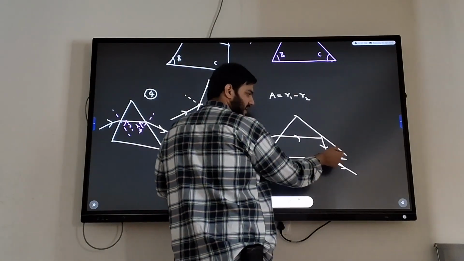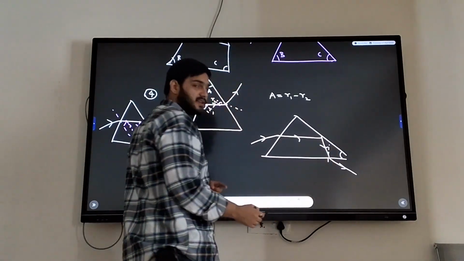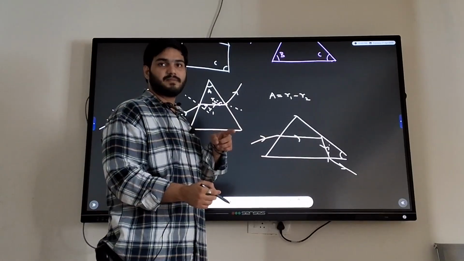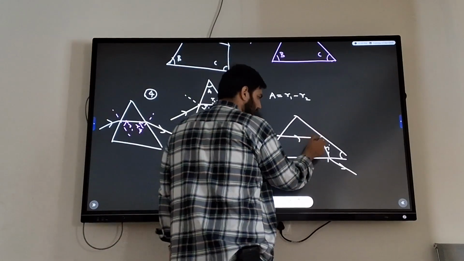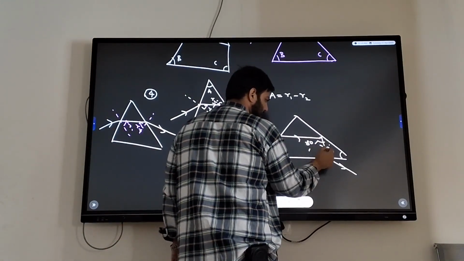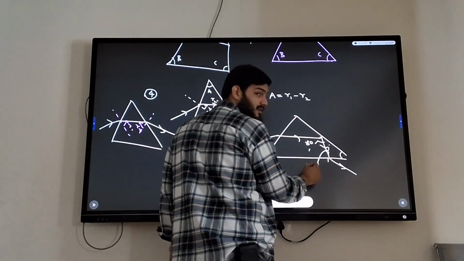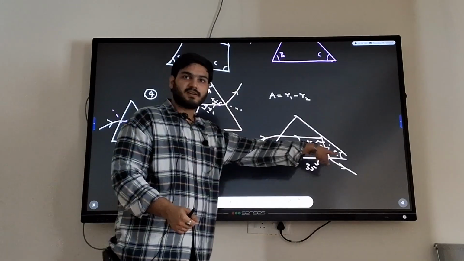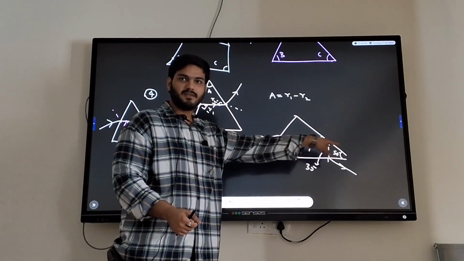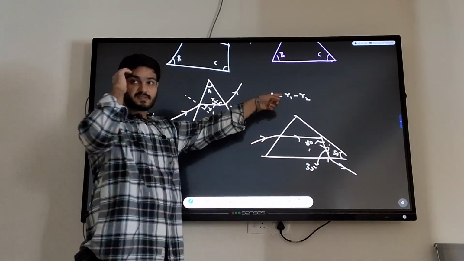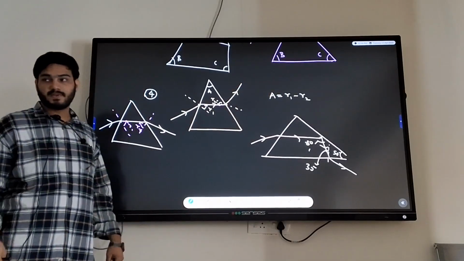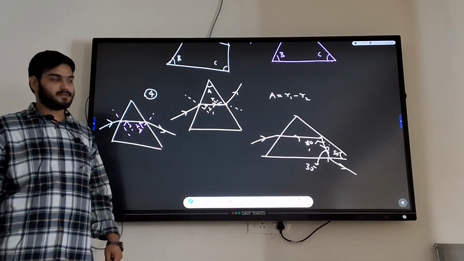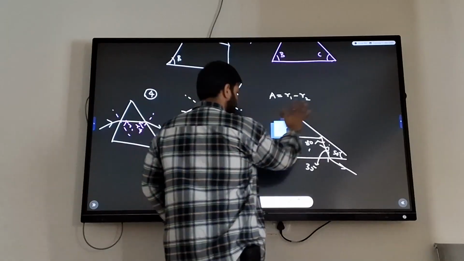You can check that this angle is actually something like 80 minus 30. One of the angles was 80 and this angle we found to be 30. Do you remember? And this angle was 50 actually. So 80 minus 30 is 50. Can you see? It follows this one. You can check our previous example and you will get that. Anyways.